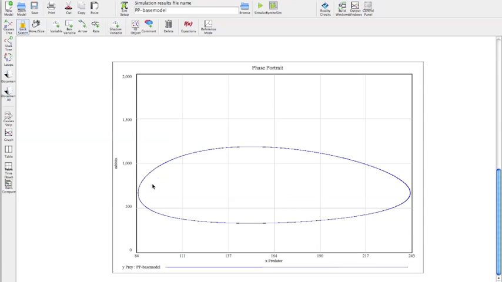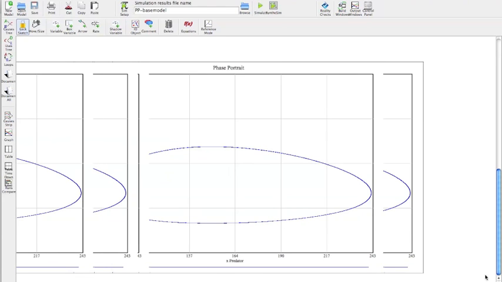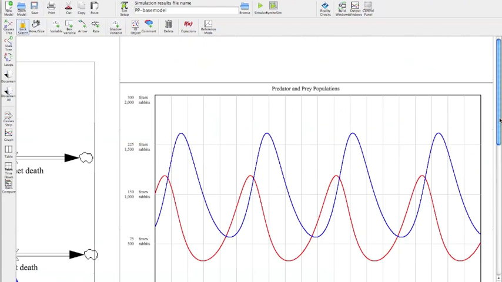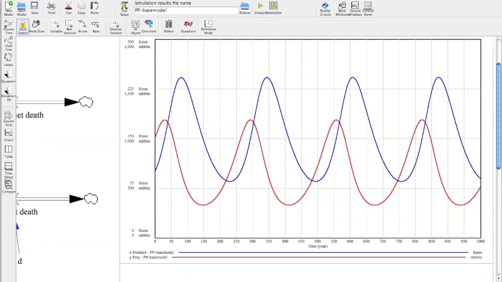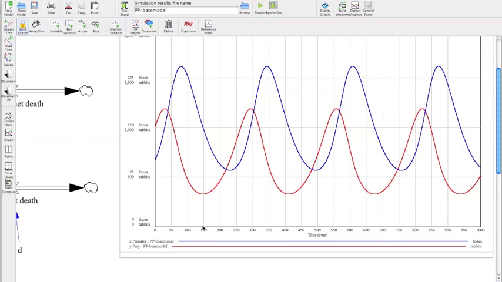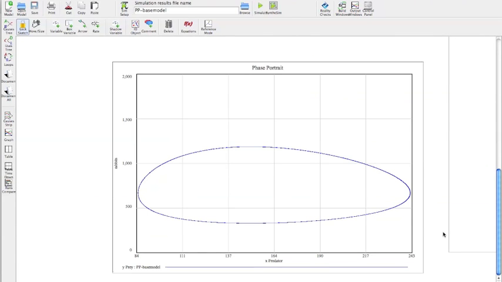The way this plot is generated is that you take every single time record, from 0 to 1,000, so you have 1,000 data points. Each data point has a value for the population of foxes and a value for the population of rabbits. You plot those two together, and what's generated is this phase portrait.